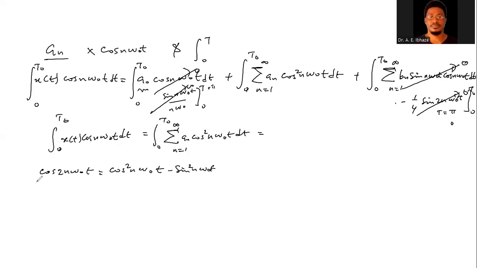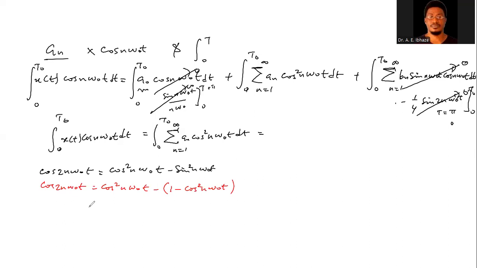And also cos 2n omega naught t will be the same as cos squared n omega naught t minus, now sine squared plus cos squared is the same as 1, so minus, this will now be 1 minus cos squared n omega naught t, right?